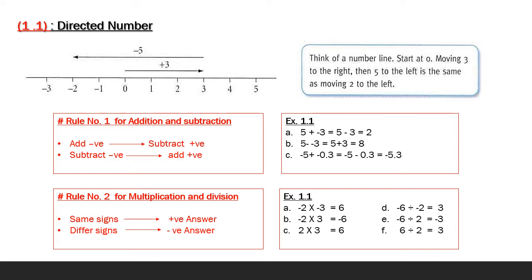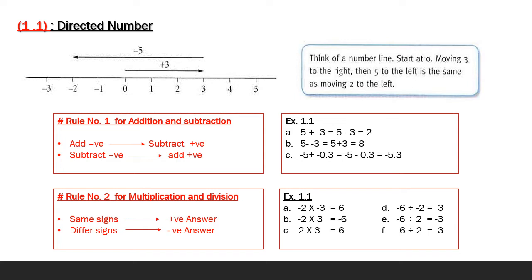For our rules, let's start with addition and subtraction. For addition, if we add a negative value to a positive value, let's say 5 plus minus 3, it's the same as 5 minus 3, so it will be 2.